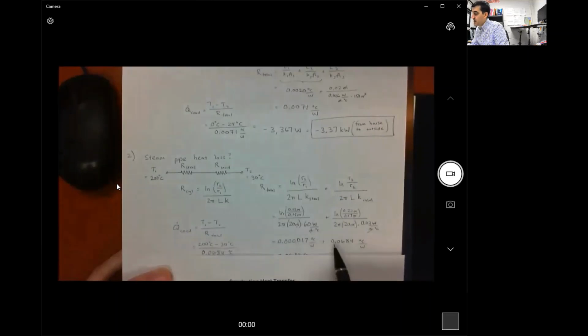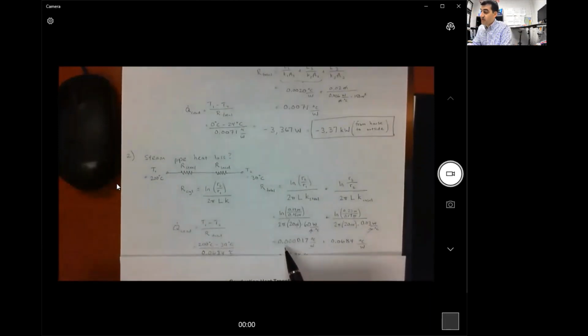So compare these two numbers just for fun and notice that the thermal resistance of the insulation is much, much greater, like several orders of magnitude, like 100 or 1,000 times greater than the thermal resistance of the steel pipe, which makes sense. It's a lot easier for heat to transfer through a steel pipe than it is for the heat to transfer through the insulation.